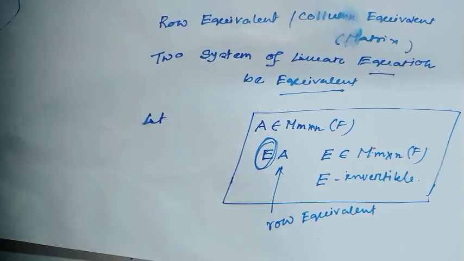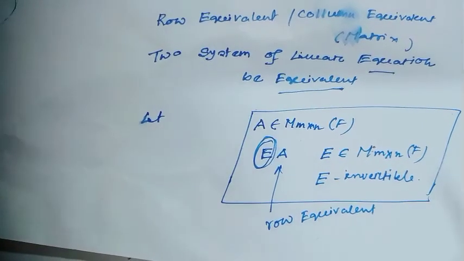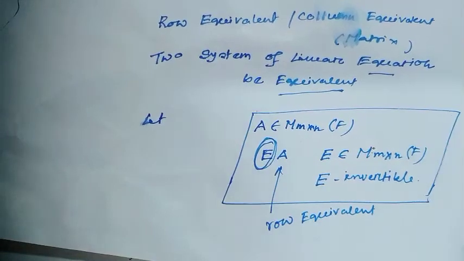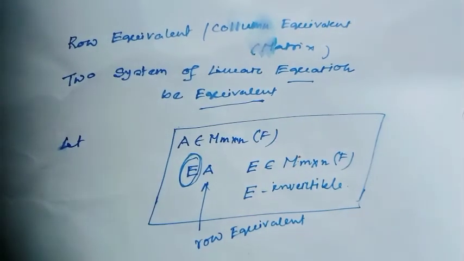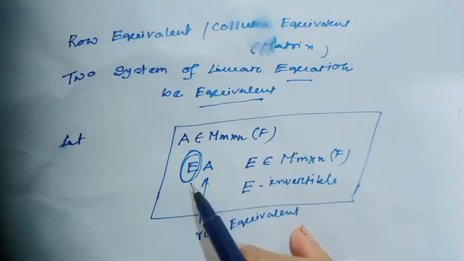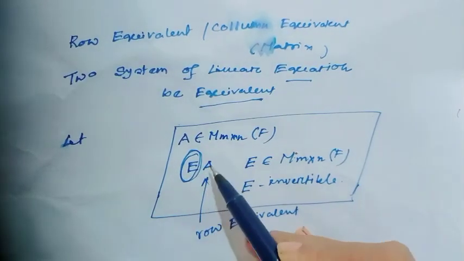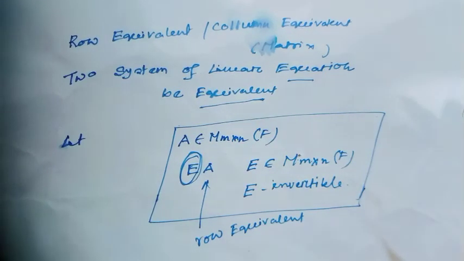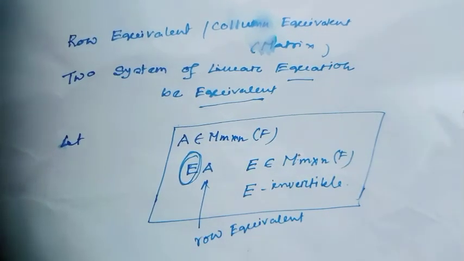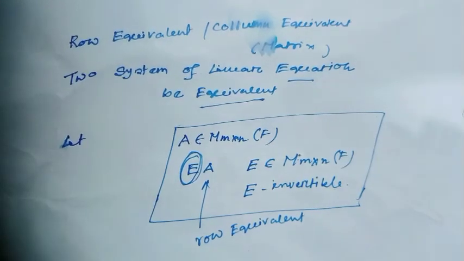We multiply A with the elementary matrix, then we can tell this would be a row equivalent matrix, and this is actually the row operation. We will get this invertible matrix by row operations. Similarly for column equivalent matrices. I hope all my viewers have understood this geometry.